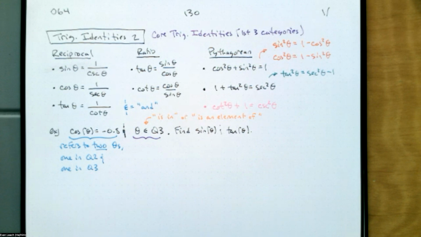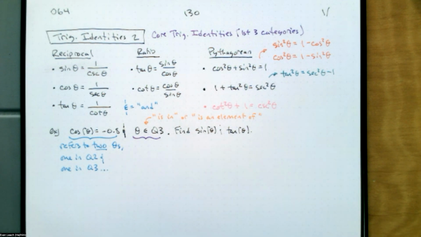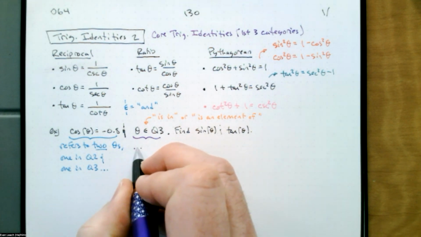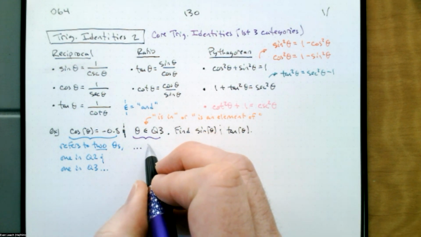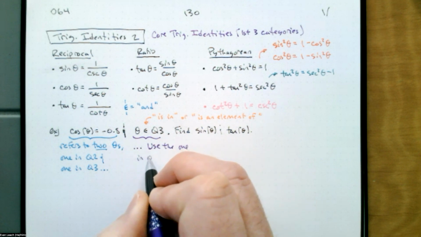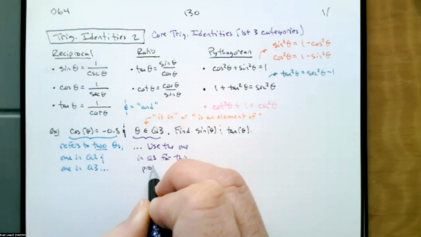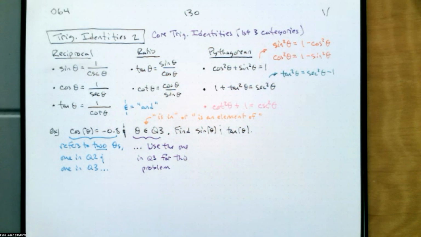So when I say cosine of theta is -0.8, that refers to 2 different angles. So I say, I want the one in quadrant 3. So that's why for some of these, I had to tell you what quadrant we were in.